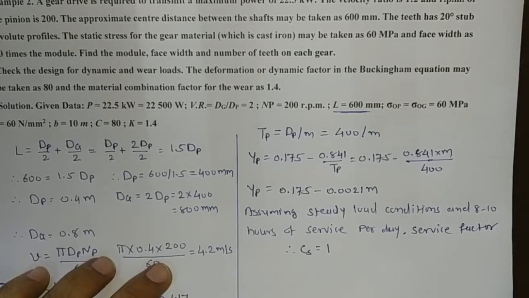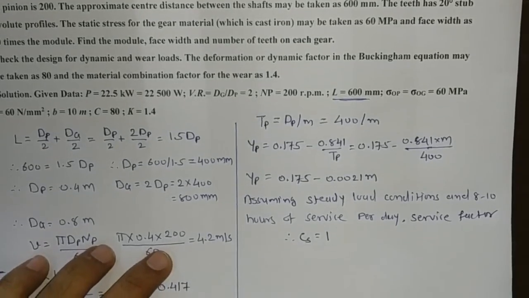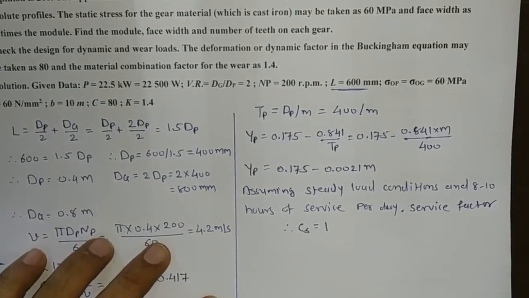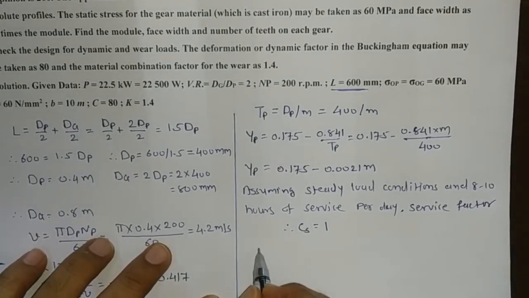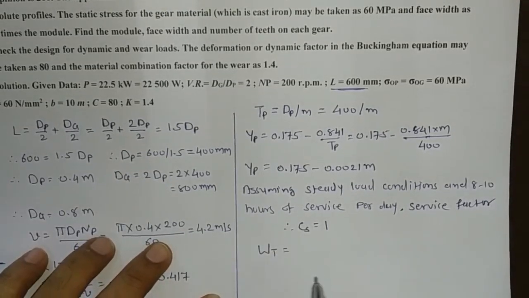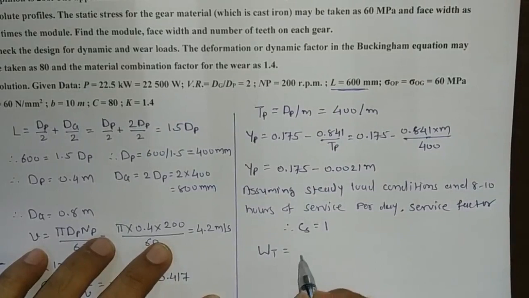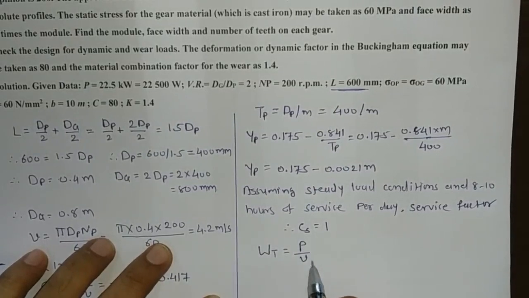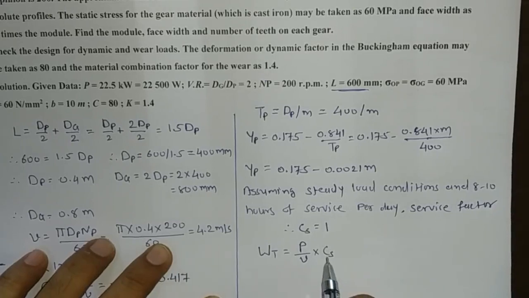Now find out the design tangential tooth load, that is WT. So WT is equal to P by V into service factor CS.